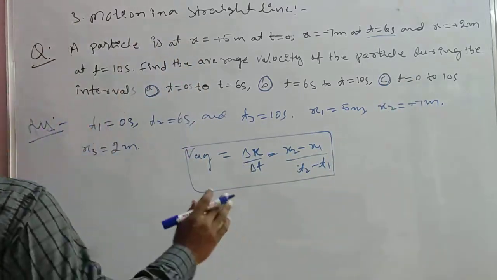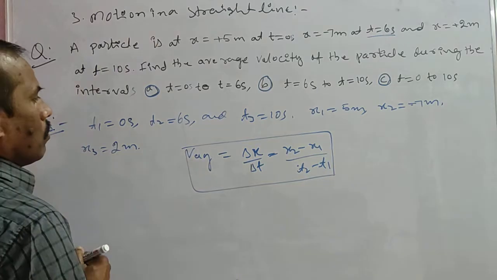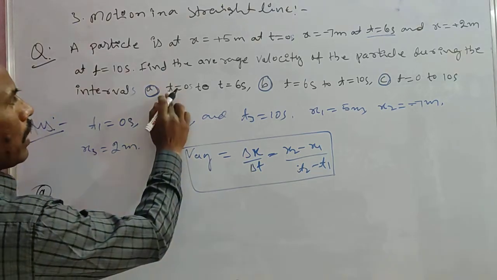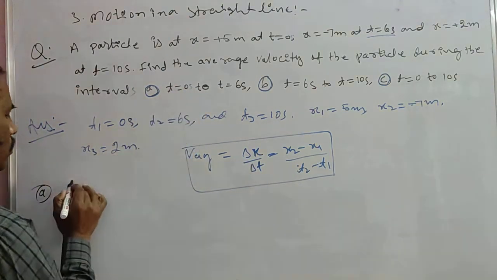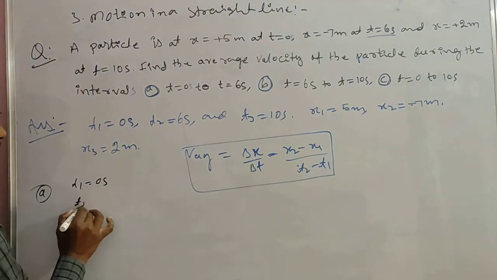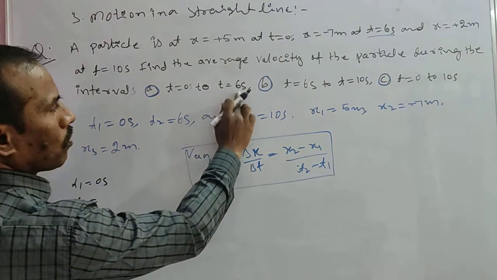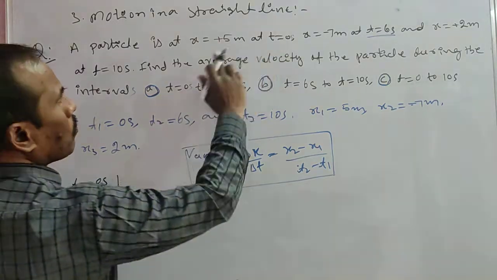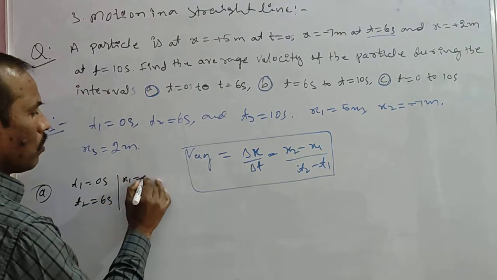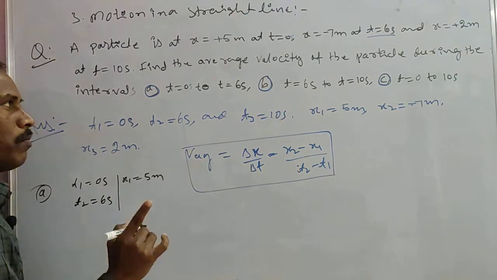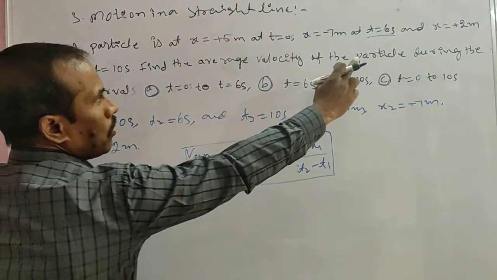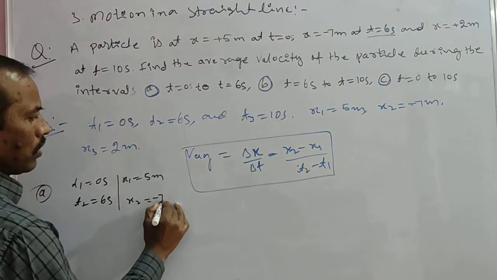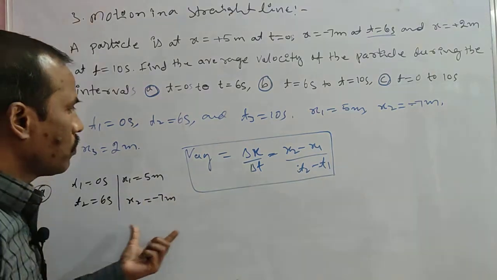Now substitute the values. At t1 = 0 seconds, x1 = 5 meters, and at t2 = 6 seconds, the displacement is x2 = −7 meters.